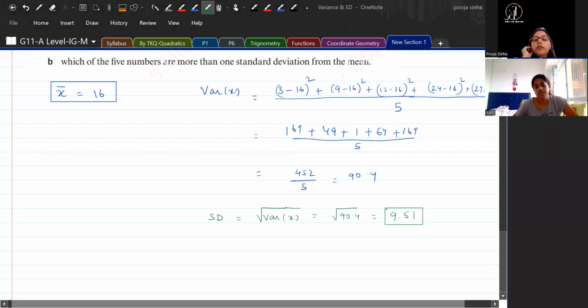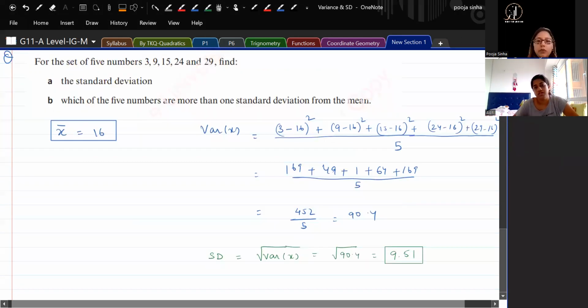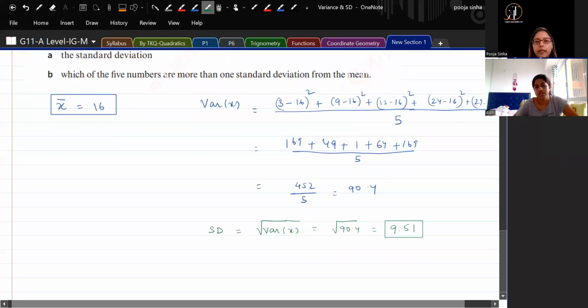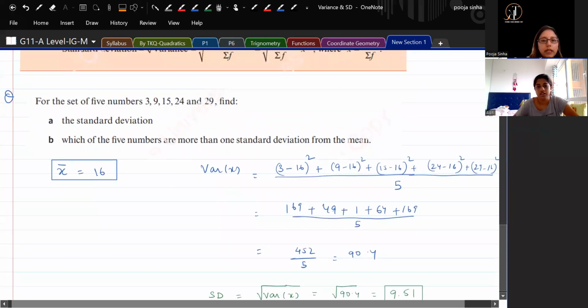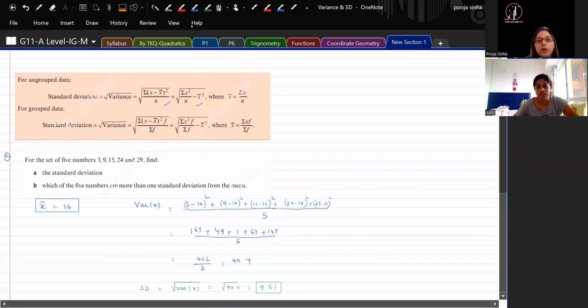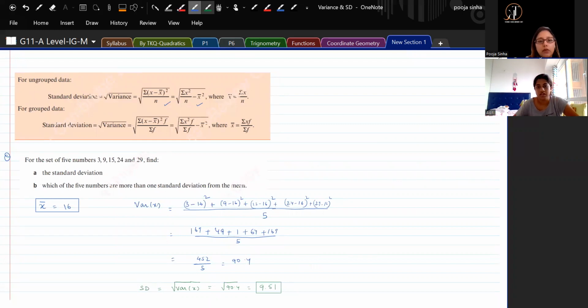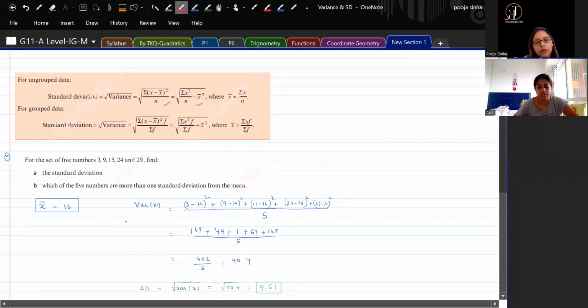Absolutely correct. Which of the 5 numbers are more than 1 standard deviation from the mean? So first it became clear which formula I used for writing the variance. It's absolutely okay to use either of these, not a problem at all. So it's saying more than 1 standard deviation away from the mean, as in what difference from the mean.